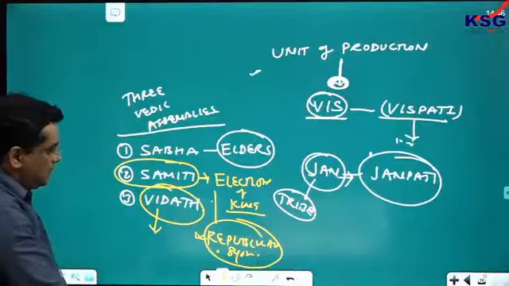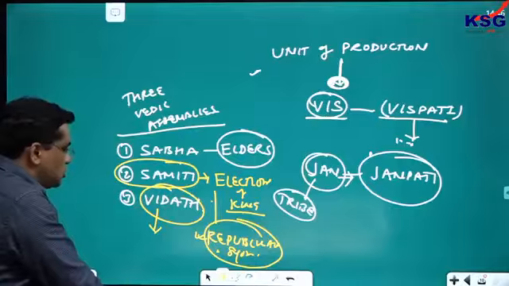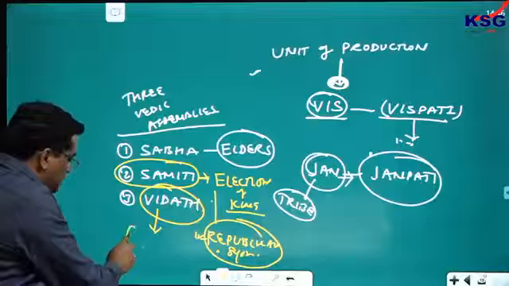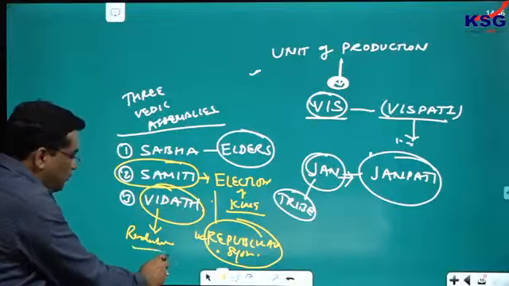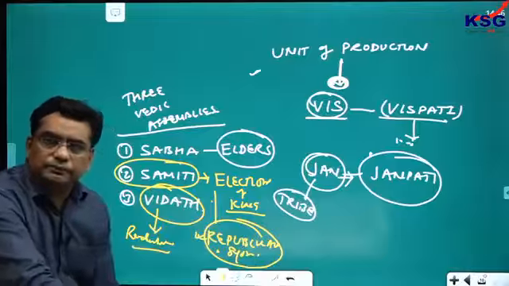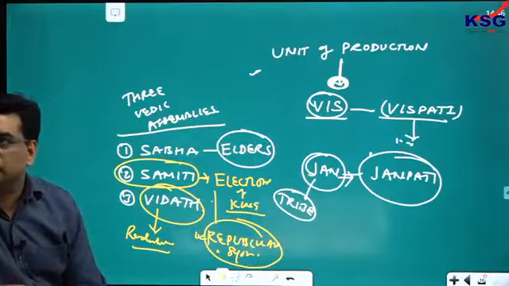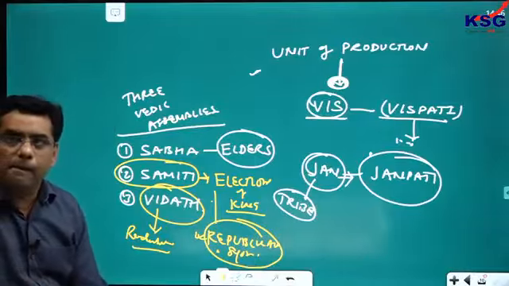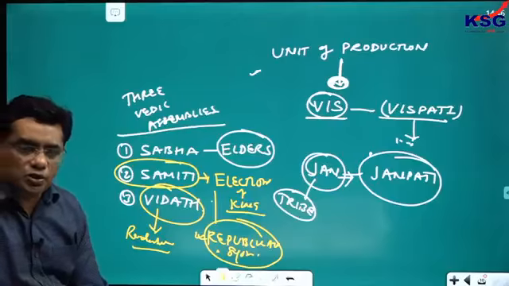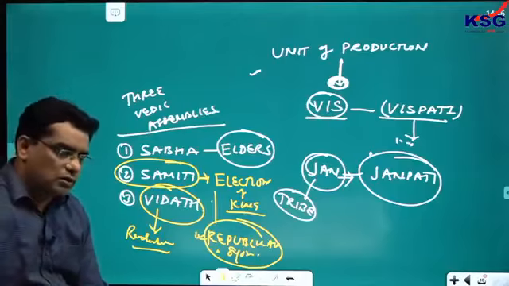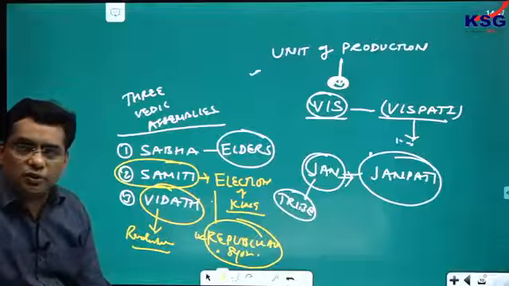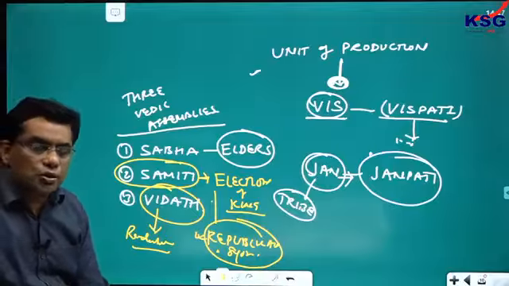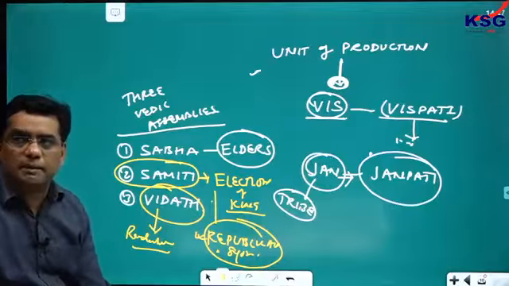And Bidat is for redistribution of wealth. Redistribution of wealth means what? When one tribe had a war with another tribe, the other tribe would lose some pasture land and some animals.